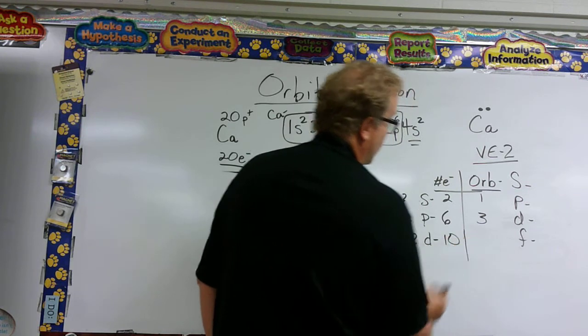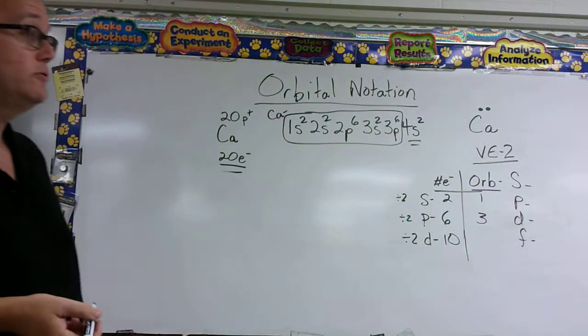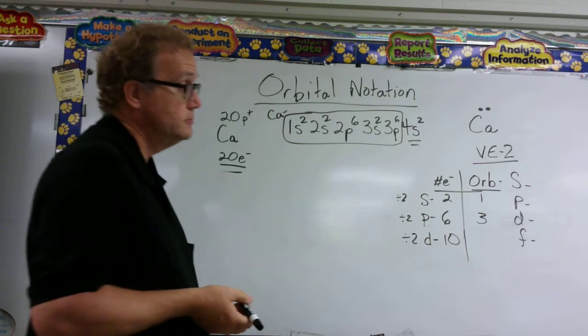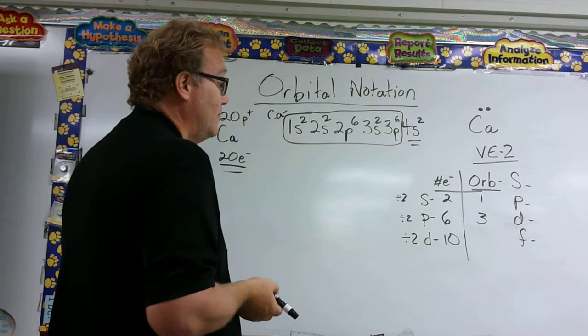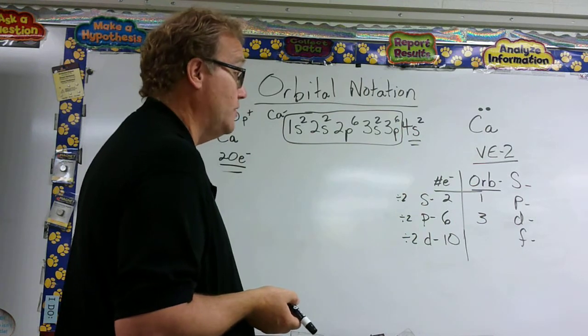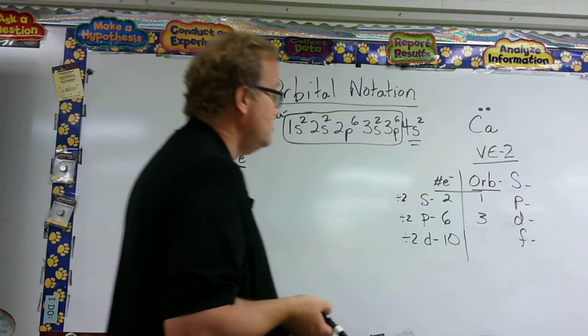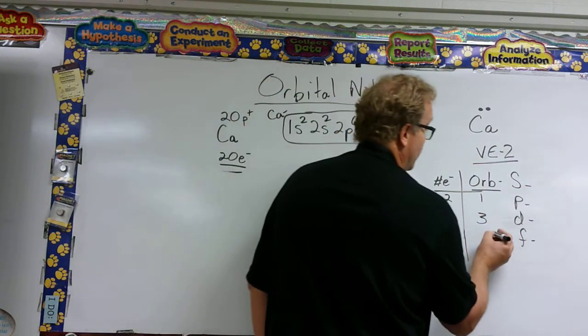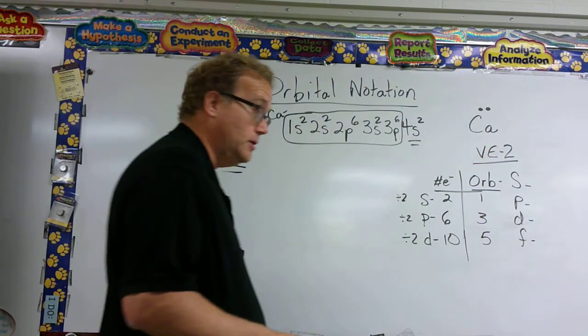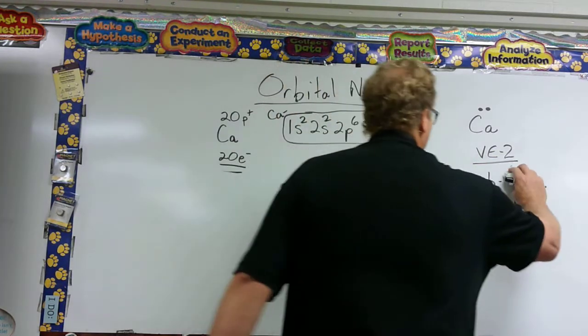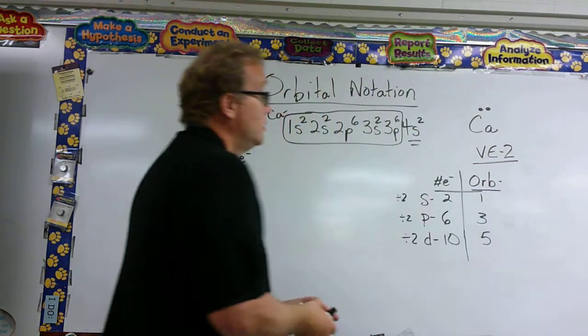D can hold 10 electrons, so if you notice, we went through the middle part, remembering that it runs out of sequence from 4 to energy level 3. What is 10 divided by 2? 5. So basically, you don't really need this one on the right-hand side. That's a distractor.